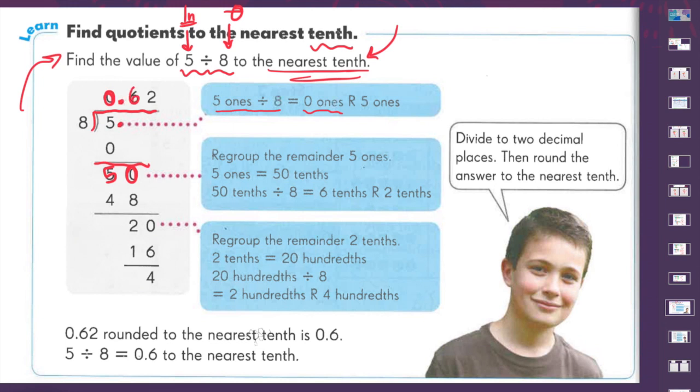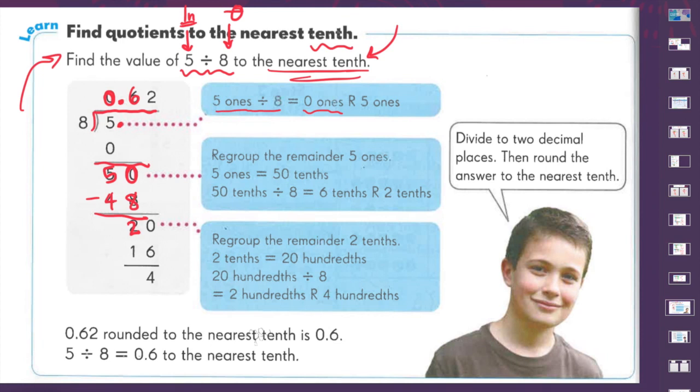Notice how we added a decimal point. The decimal point is after the whole number 5, so it needs to come right above that in the quotient. Okay, so 6 tenths, 6 in each group, so there's 48, because 6 times 8 is 48. We subtract, and we're left with 2 tenths.